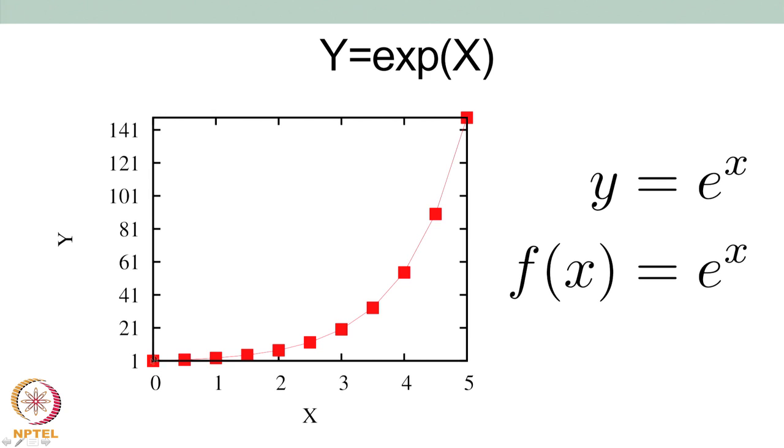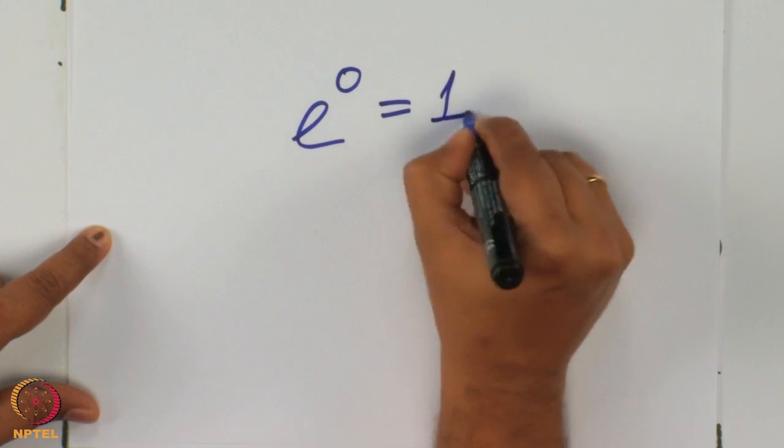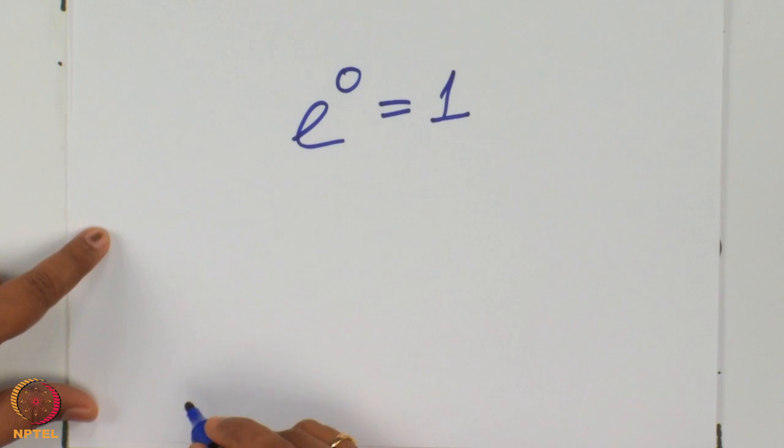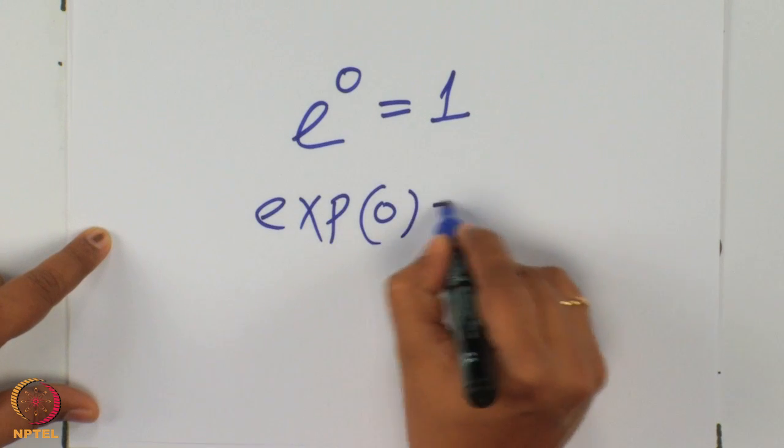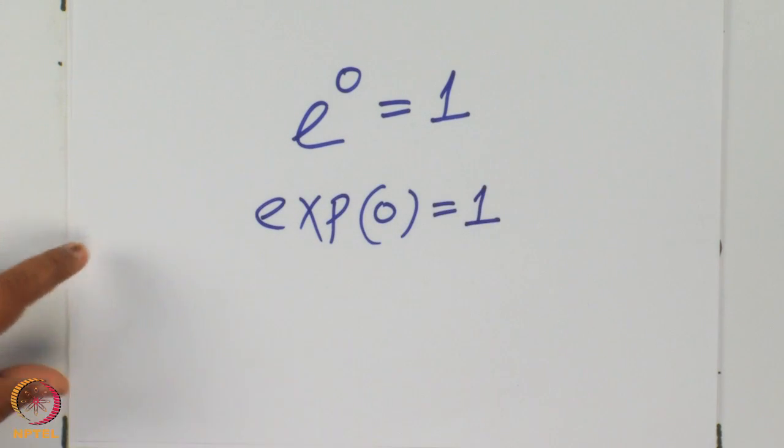Interestingly, note that e power 0 is 1. I want all of you to understand this, it is very important. E power 0 is 1. It can also be written as exponential of 0 is 1.